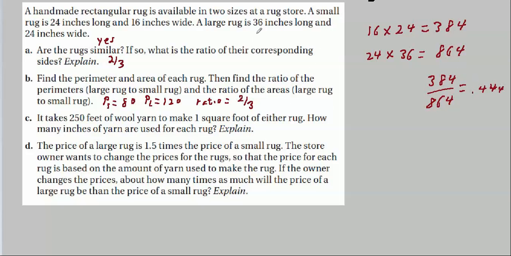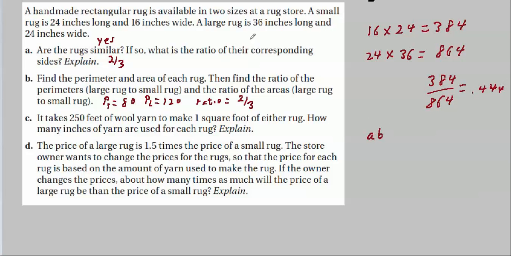So if we call the large one A inches long and B inches wide, then the small one, well, we'll start with that one. The area of the large rug would just be A times B. What about the small one?